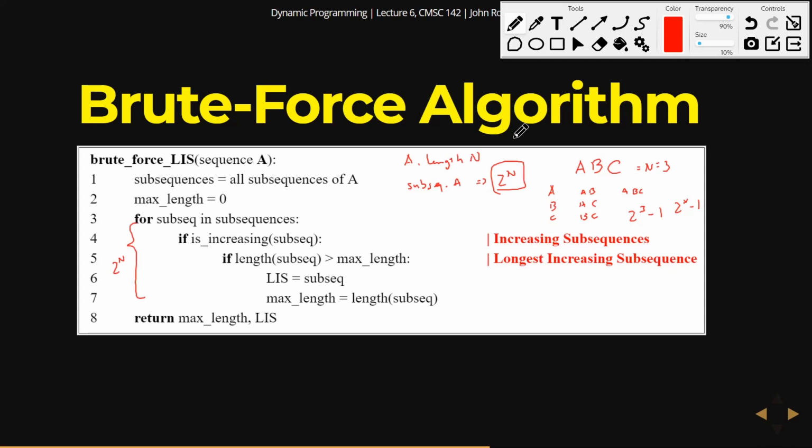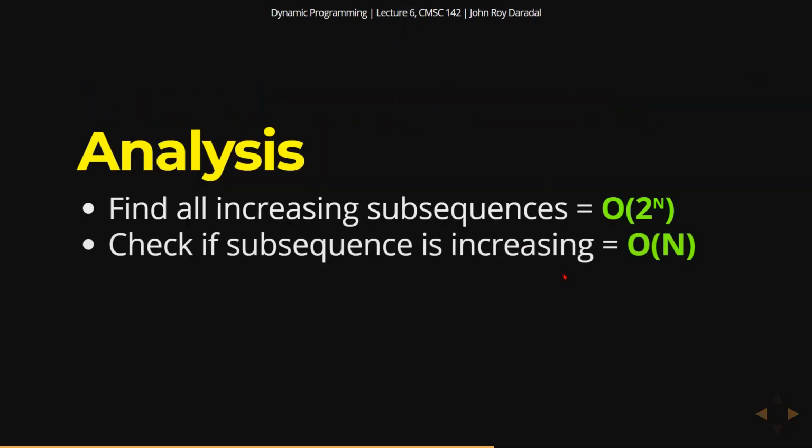And then you need to check if each subsequence is increasing. To check if it's increasing, that will actually take O of n running time, because the maximum length of the subsequence is n as well. What if you have the full sequence itself, right? It will take the whole string to check.